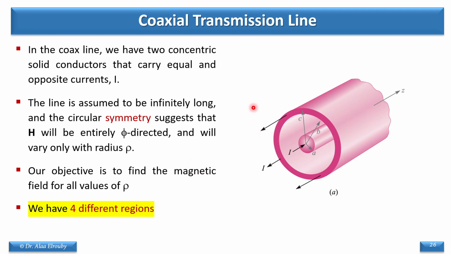So here we actually have 4 different regions: inside the inner conductor, between the 2 conductors, inside the outer conductor, and outside of the 2 conductors. So we have 1, 2, 3, 4 regions, and we need to find the magnetic field in each of those 4 regions.